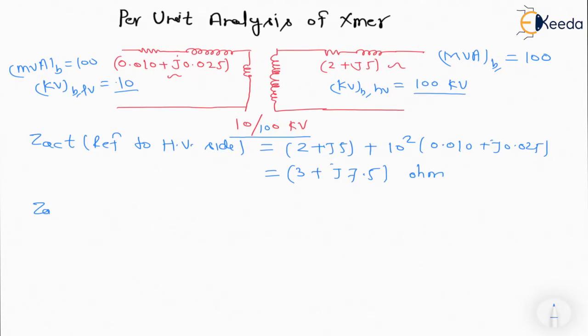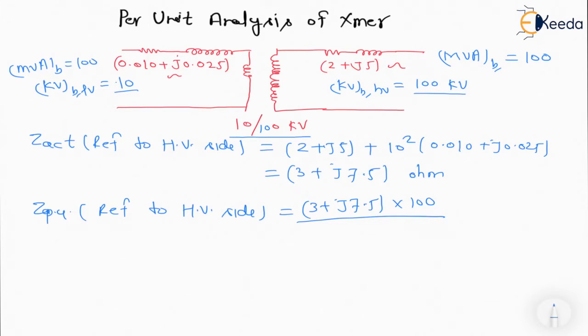Now Z per unit referred to HV side will be equal to Z actual, 3 plus j7.5, into MVAb 100, and we know the kVb of HV is equal to 100, so 100 square.